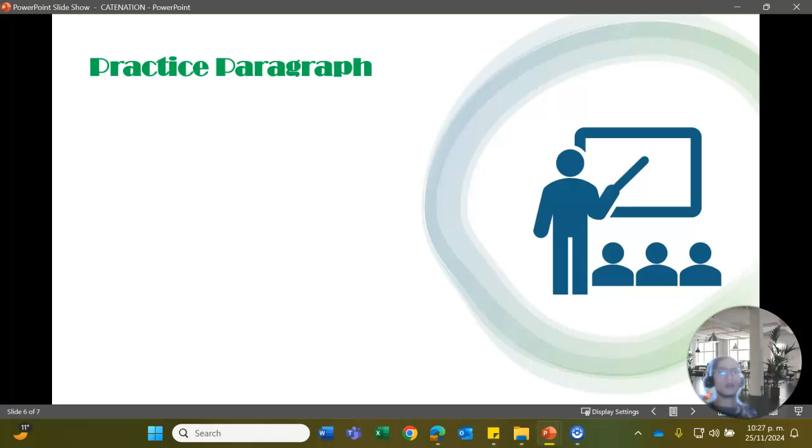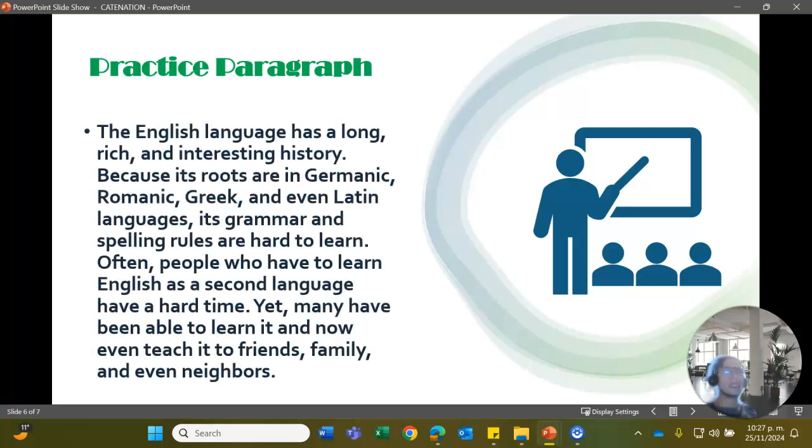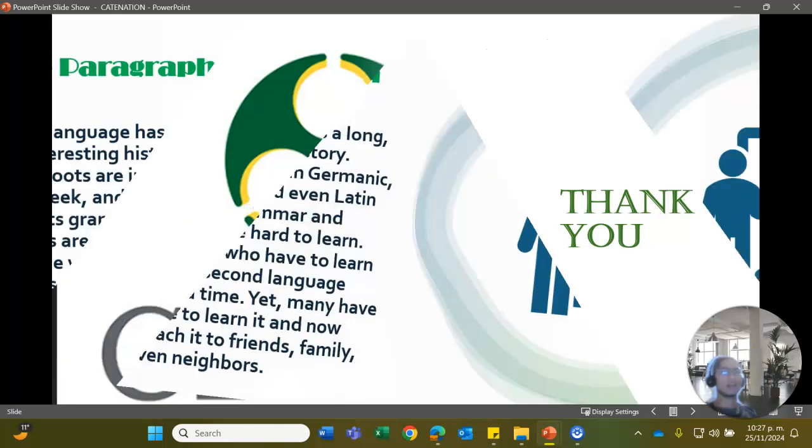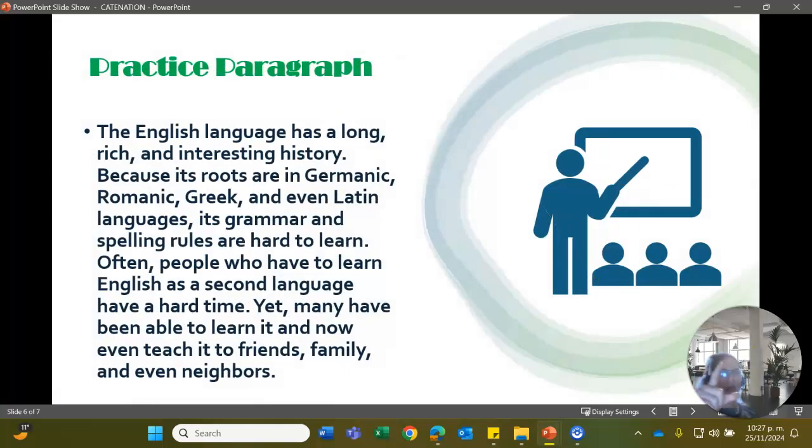So now we are gonna do some practice with a paragraph. In here you have this short paragraph. You are gonna try to apply the rules that we saw. You are gonna identify and make a list of which sounds apply to the rules. Then you are gonna practice reading the paragraph using the catenation, the linking sounds that we just reviewed.